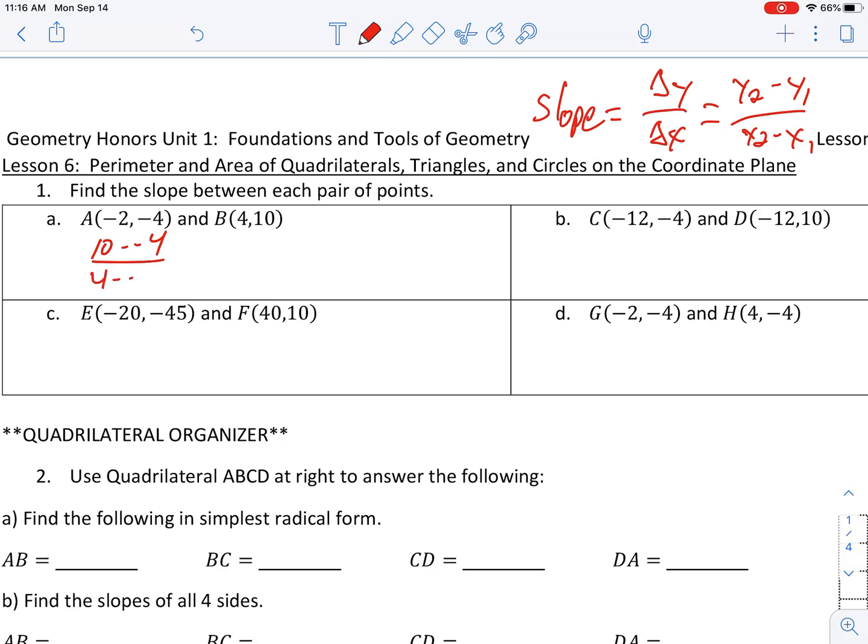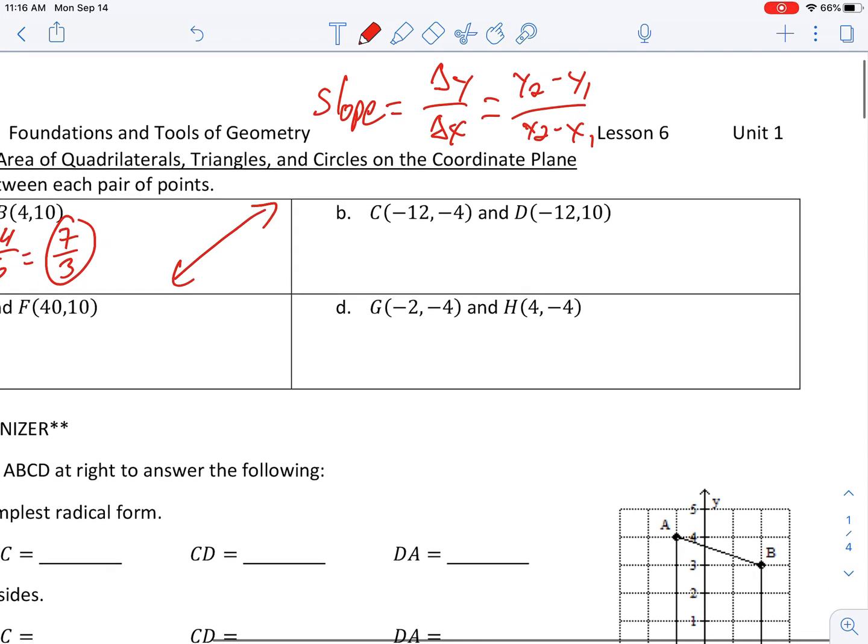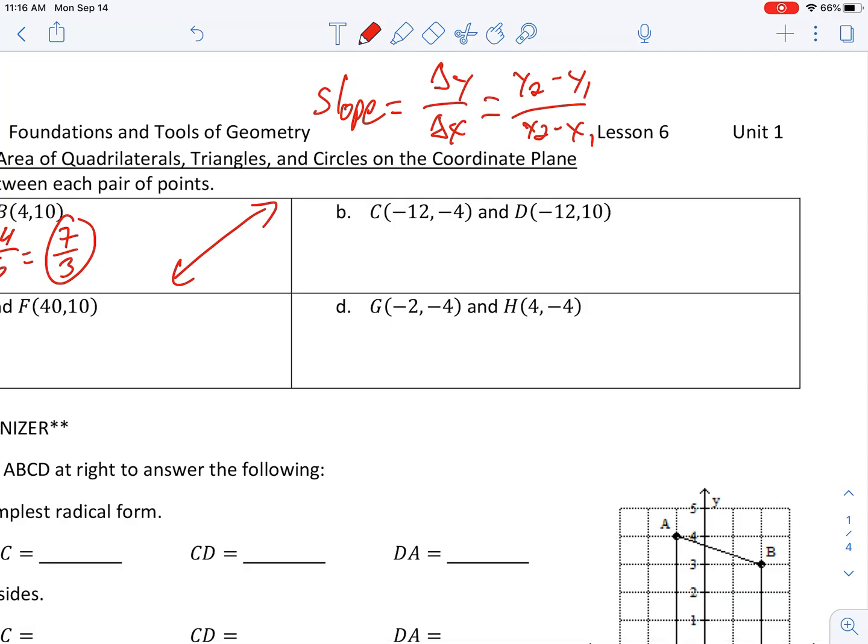And change in the x's: since I start off with 10, I need to do 4 minus a negative 2. 2 negatives make a positive. So 14 over 6. Always reduce that down, by 2, down to 7/3. The slope is positive 7/3. If you were to graph this out, what would the line look like? Increasing or decreasing? The line would look something like that.